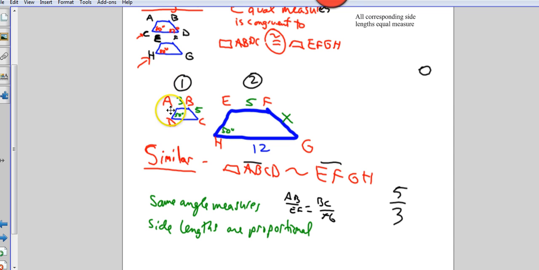Notice the difference in these two symbols. This one means congruent to, but only one squiggle means is similar to. So all the sides aren't the same length, but the ratio is the same. AB corresponds with EF according to my correspondence here, so that 3 corresponds with 5.